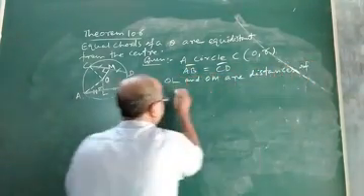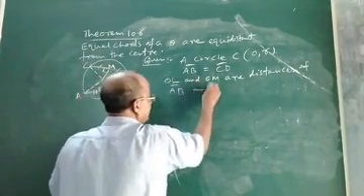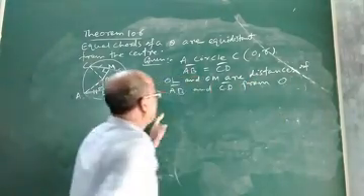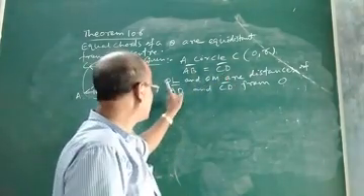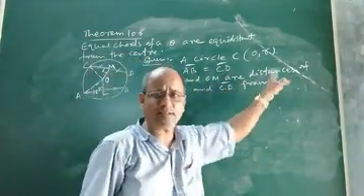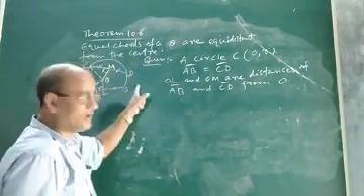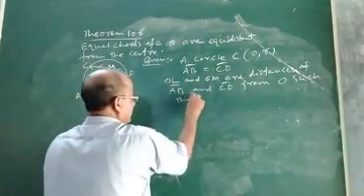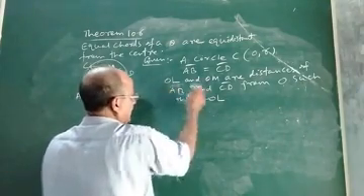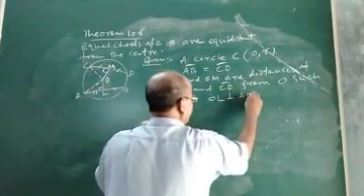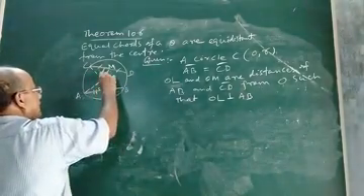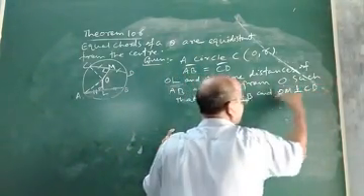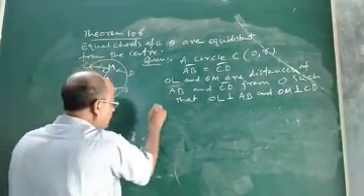OL and OM are the distances of AB and CD from the center O, such that OL is perpendicular to AB and OM is perpendicular to CD. This is given.